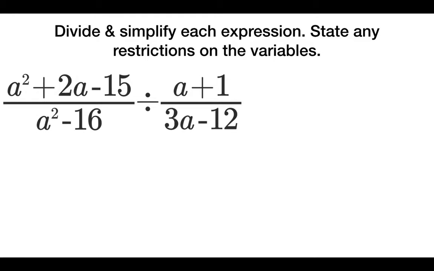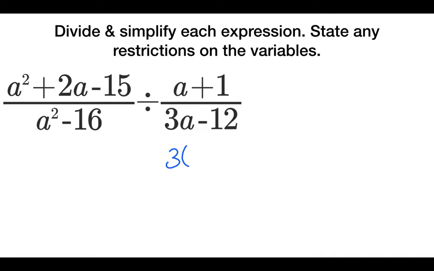All right, now let's divide and simplify each expression stating the restrictions on the variables. So a squared plus 2a minus 15. So I'm going to start off, well, you know what? I actually need to start off by factoring out this bottom, because remember, once again, I want to make sure that I know that factor first.